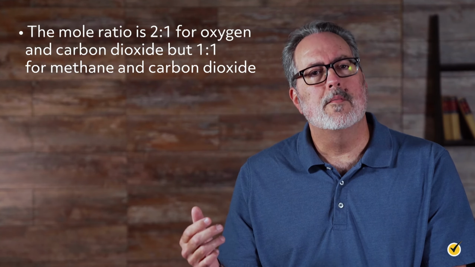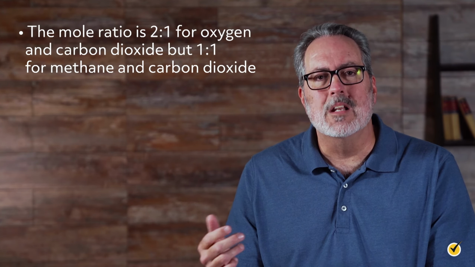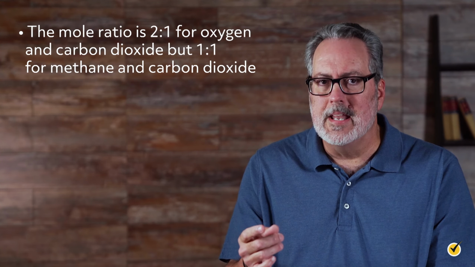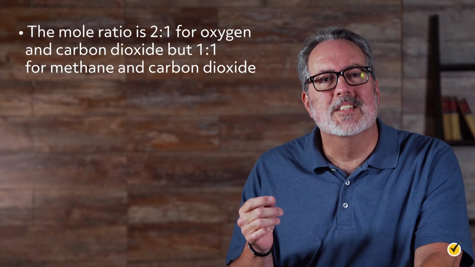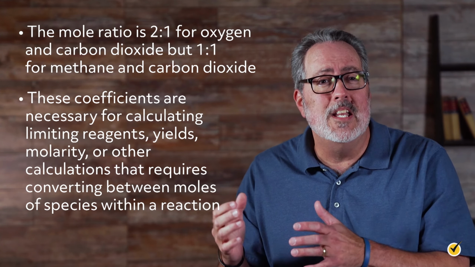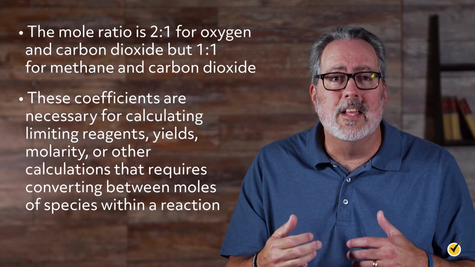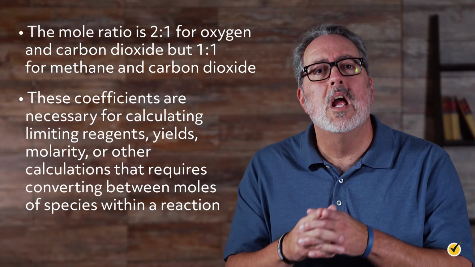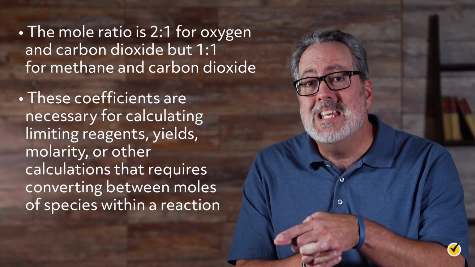Put it another way, the mole ratio is 2-to-1 for oxygen and carbon dioxide, but 1-to-1 for methane and carbon dioxide. Thus, these coefficients are necessary for calculating limiting reagents, yields, molarity, and other calculations that require converting between moles of species within a reaction. Basically, it's pretty important to have your chemical equation balanced correctly.